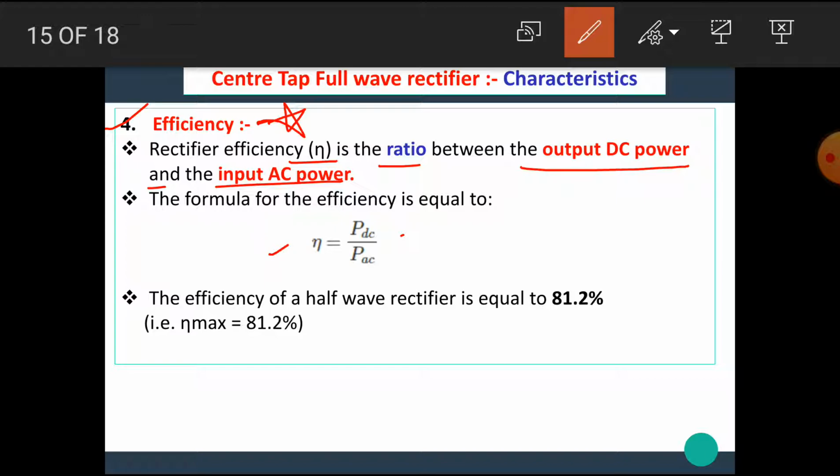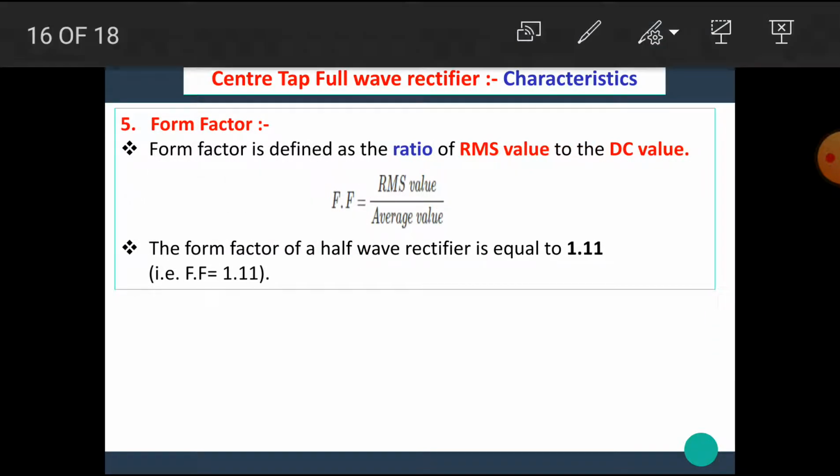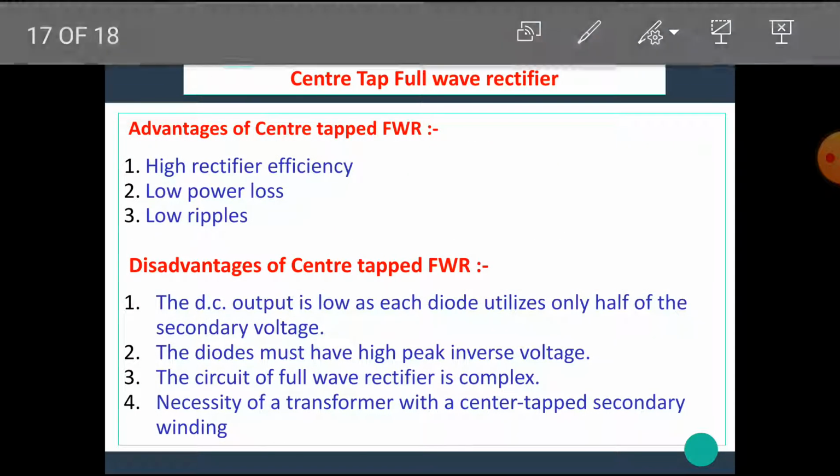The efficiency of full wave rectifier is 81.2%. Okay. Now the form factor is defined as the ratio of RMS value to the DC value and its value is 1.11 for full wave rectifier.